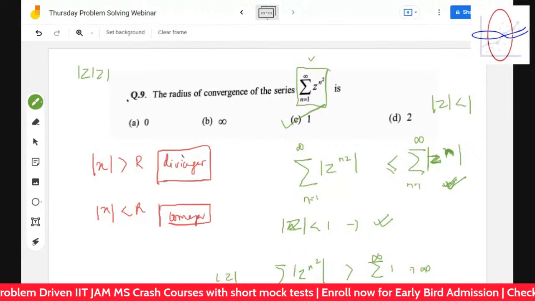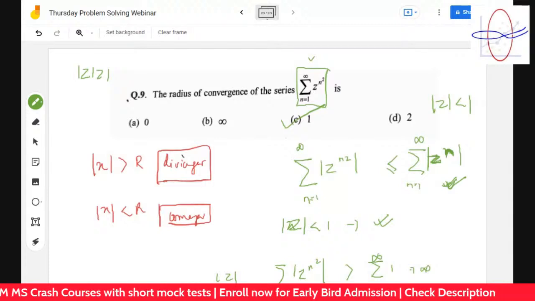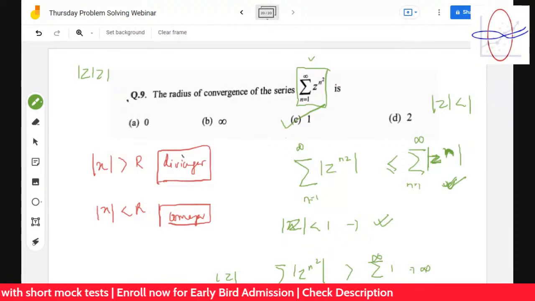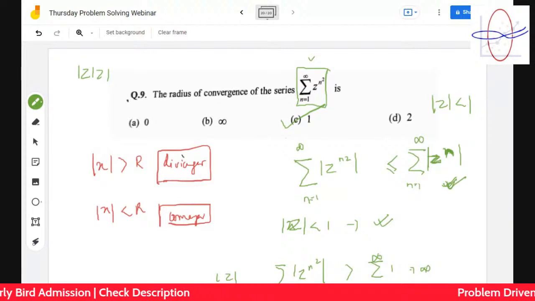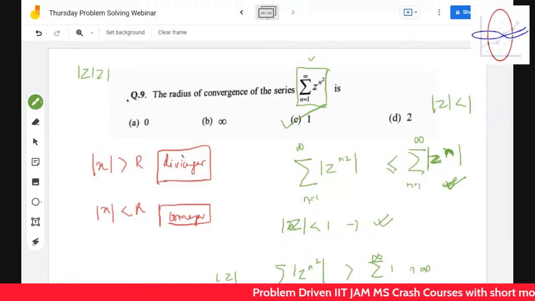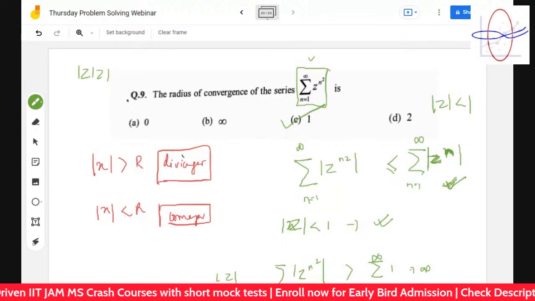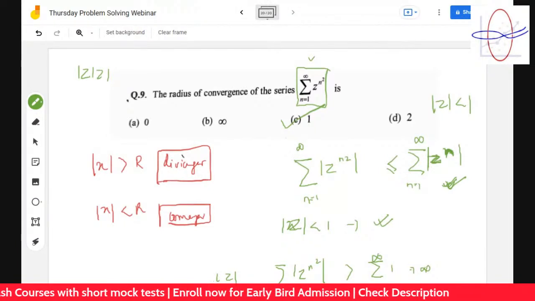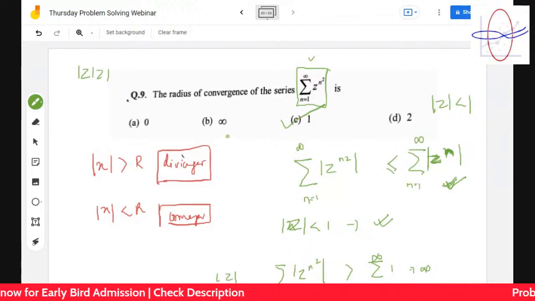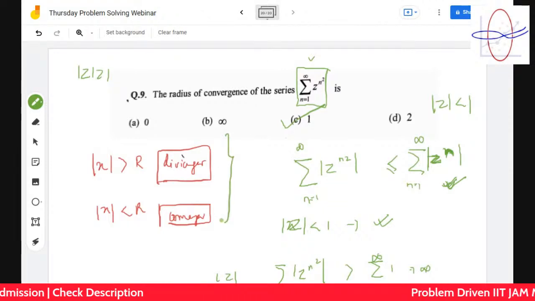Zero? What is zero, Satish? Oh, because for mod z greater than 0, you cannot say it diverges. You can say it converges. We have to have both the conditions together, and the radius of convergence is unique.